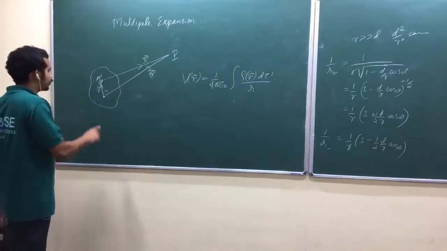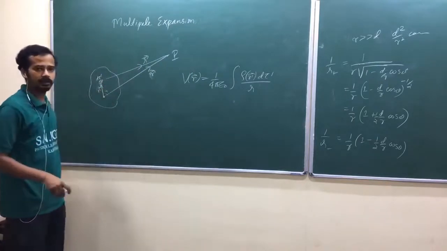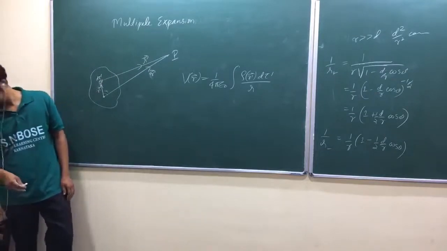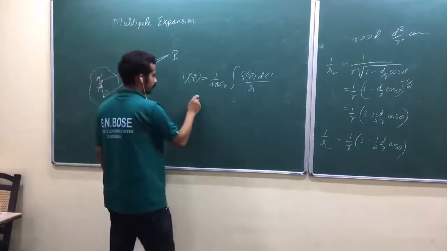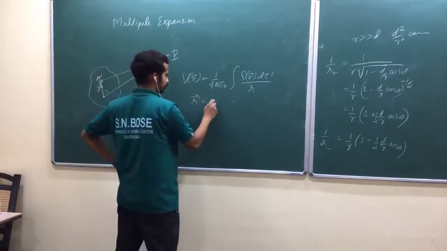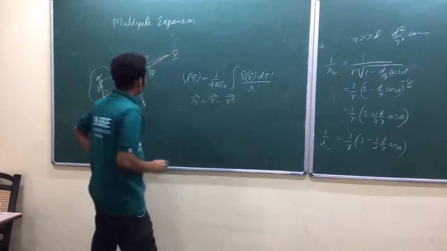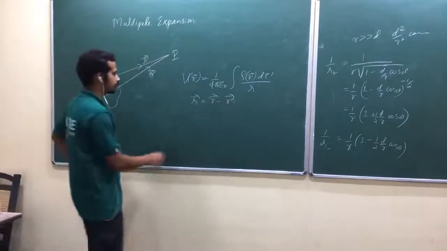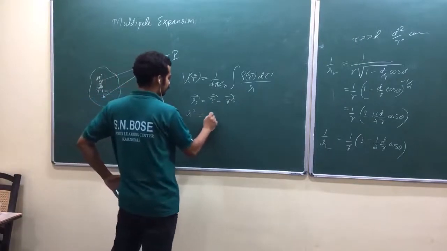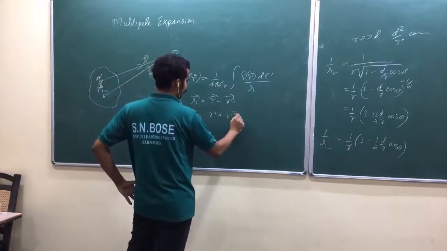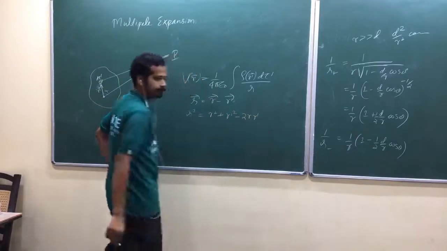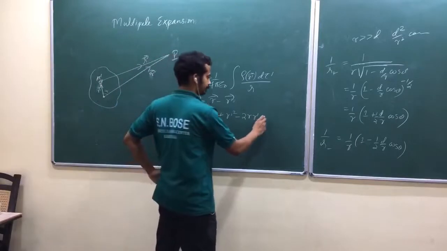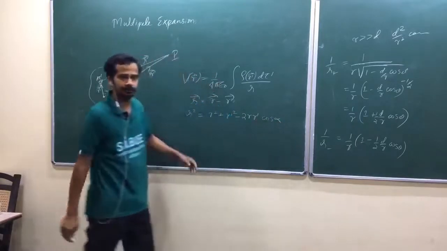Now again I'll go to this triangle and define italic r vector as r vector minus r prime vector. So italic r square is equal to r square plus r prime square minus 2 r r prime cos alpha, where alpha is the angle between r and r prime. Can I write like this?